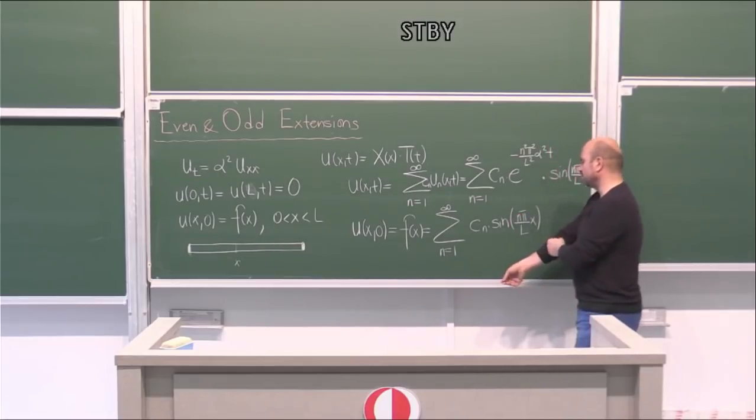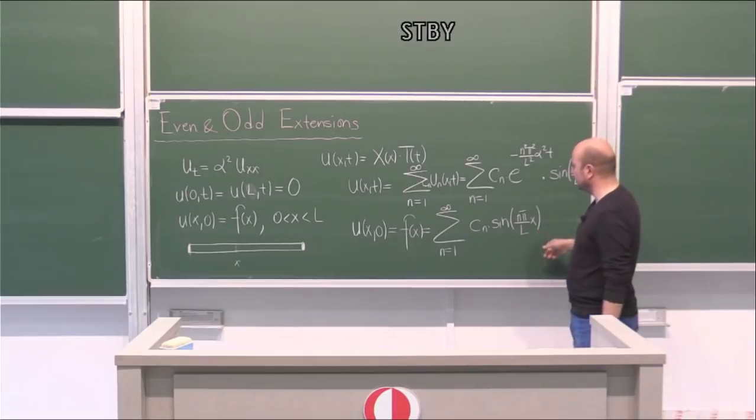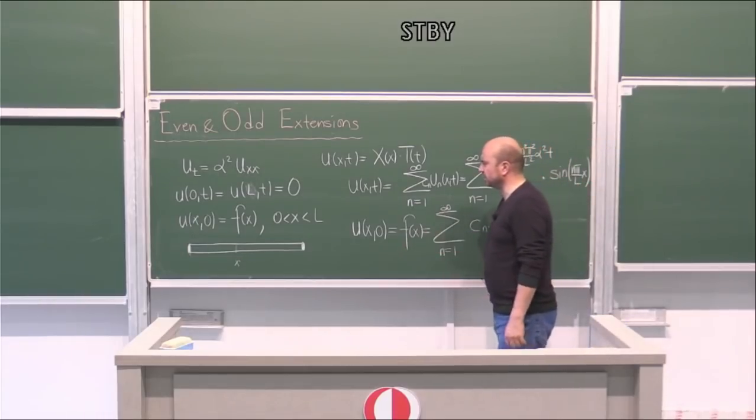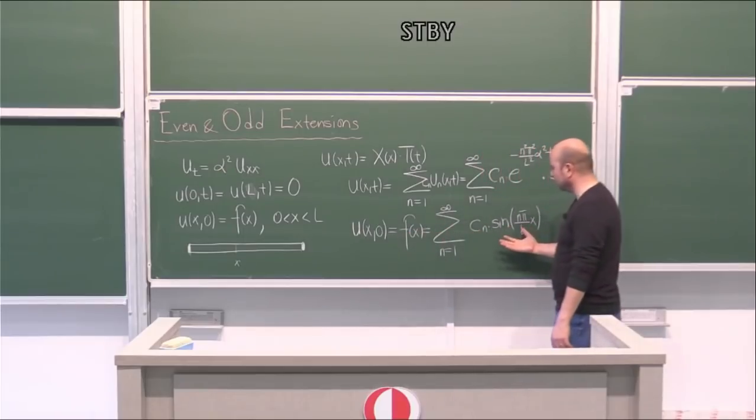So if you look at this side, this side is a Fourier series with period 2L. And on the other side, we have f(x). So how can we write this thing? Now, this was the question.